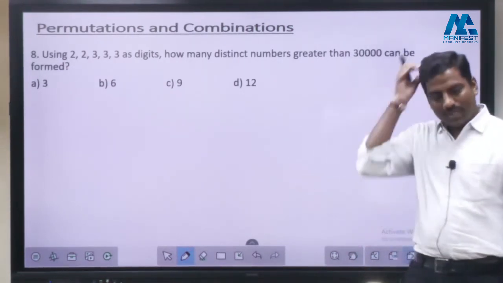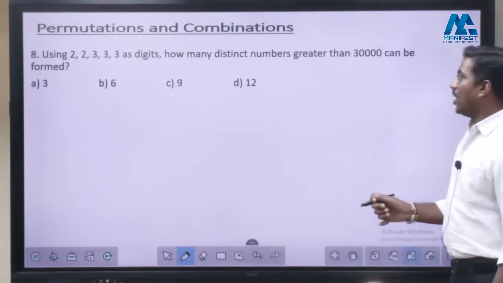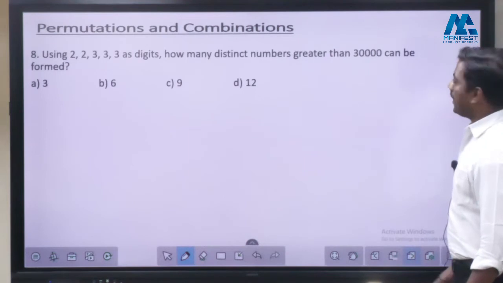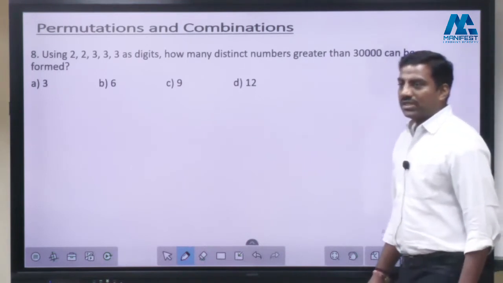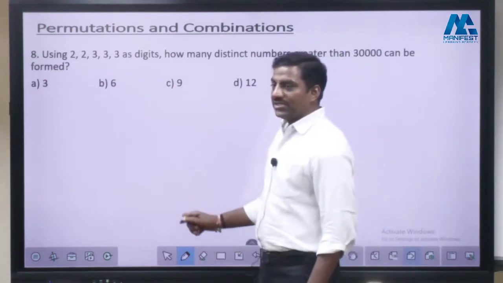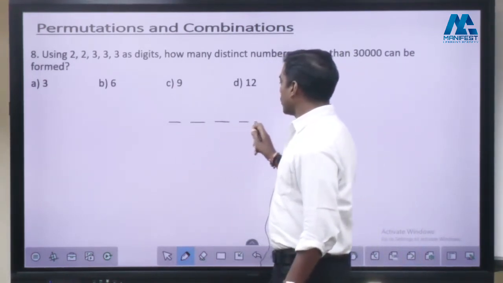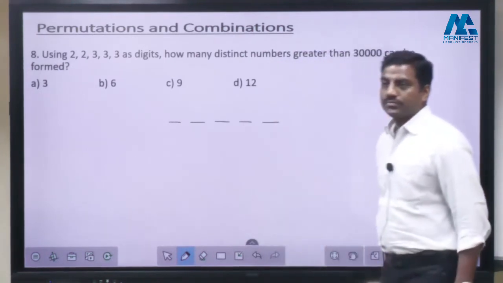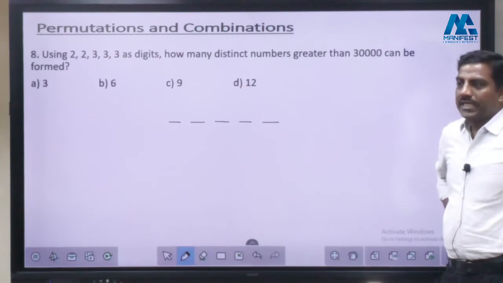Next, using 2, 2, 3, 3, 3 as digits, how many distinct numbers greater than 30,000 can be formed? So 30,000 is having how many digits? How many? Yes, and we have to make the number more than 30,000.